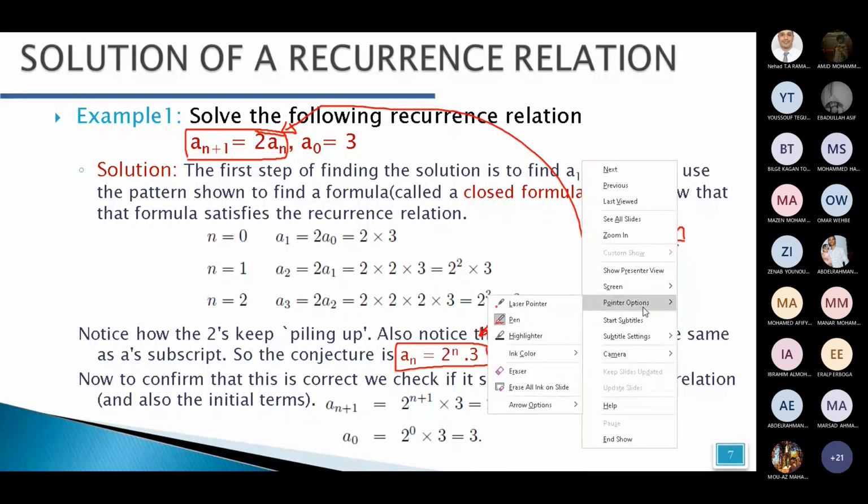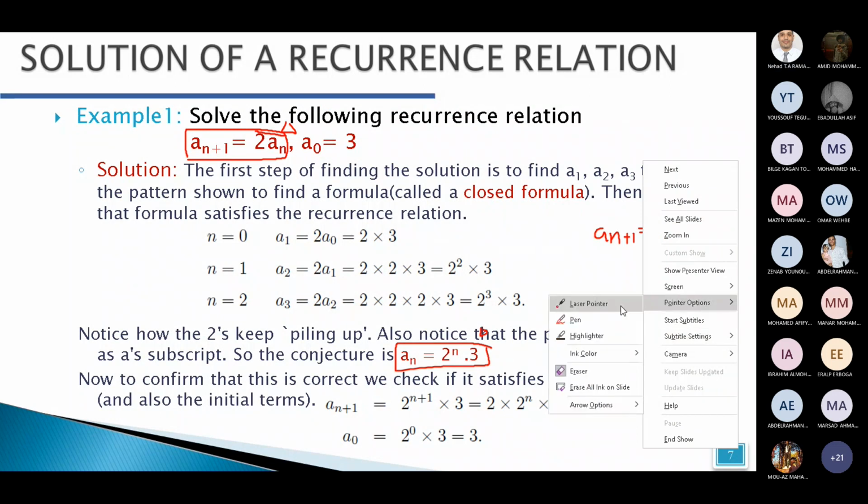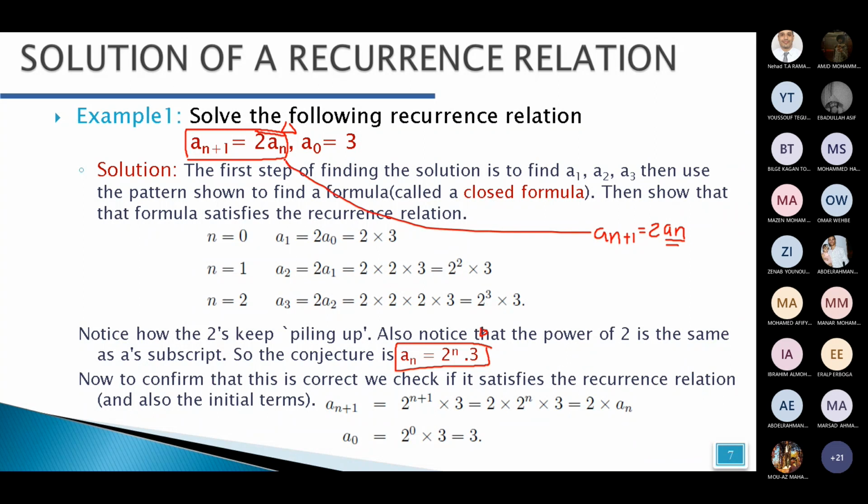This is the recurrence relation. We will start from it and apply the general term, the solution, to it. So a(n+1) is equal to 2 multiplied by, instead of an, 2 power n multiplied by 3.